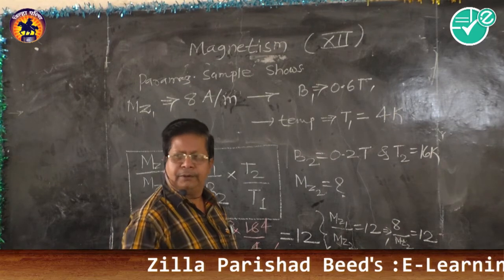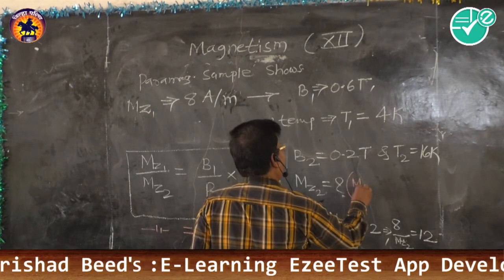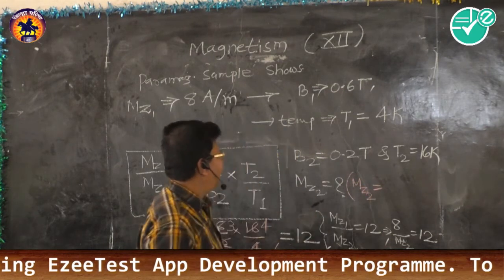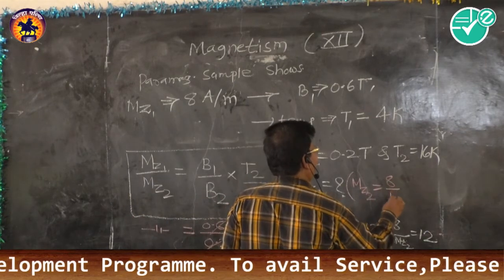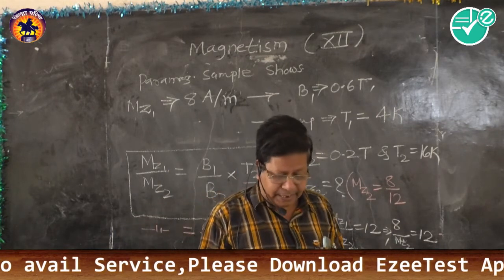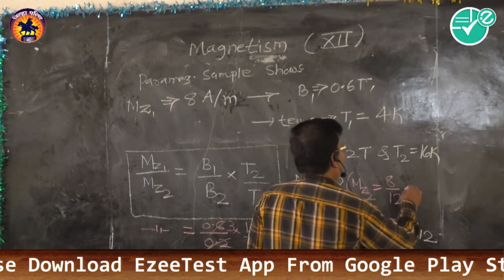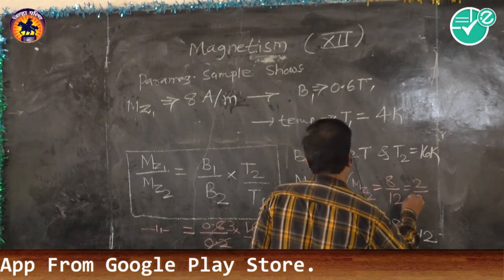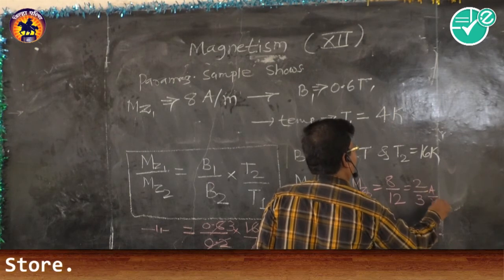Finally, Mz2 is equal to 8 divided by 12, which is equal to 2 divided by 3, and the unit is ampere per meter.